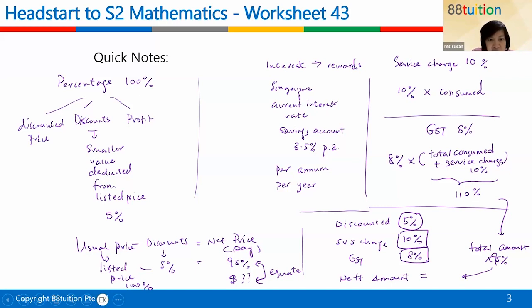Let's check. My question to you is, which one must you calculate last? The total food charge, or the total with the service charge, or the 8%? Which one is it? GST.